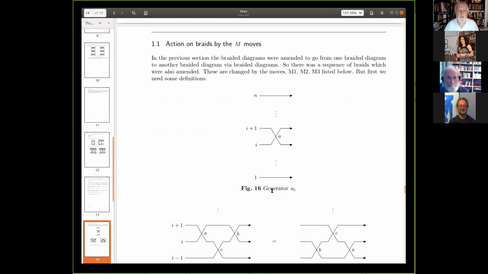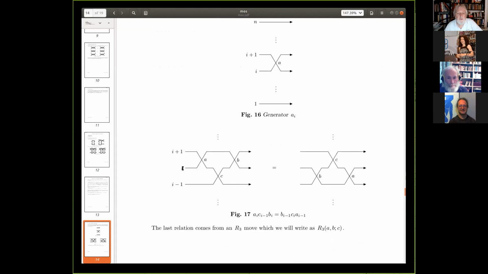Okay, so let's have a look again at generalized braids. Okay, this is sort of notation really. This is a standard generator for a generalized braid. Instead of having, say, a real crossing or a negative real crossing, you just have an A there, okay? And you denote that by A_i, okay? And you've got the cubic relation here, which says that A_i C_{i-1} B_i is B_{i-1} C_i A_{i-1}.